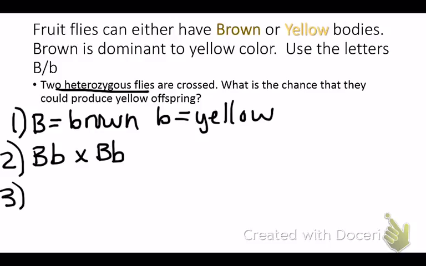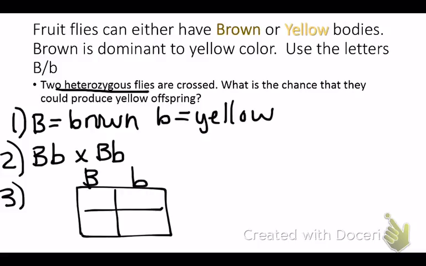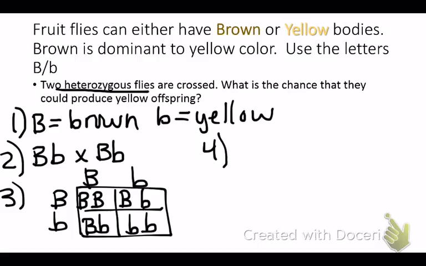Now, in step 3, we make our Punnett square. You should have your alleles separated by parent, and checking your work, you should have a Punnett square that looks similar to mine. Step 4, when you're labeling your genotypes, I'm just going to abbreviate it with the word geno, we need to label that there are actually 3 different genotypes that we see in this Punnett square.